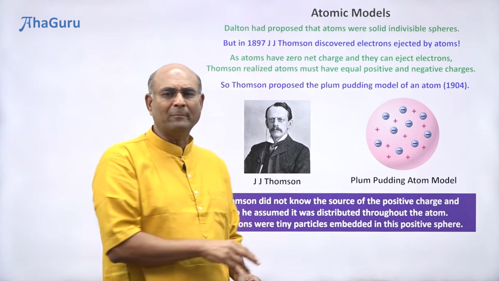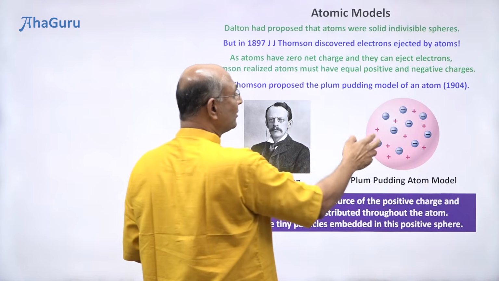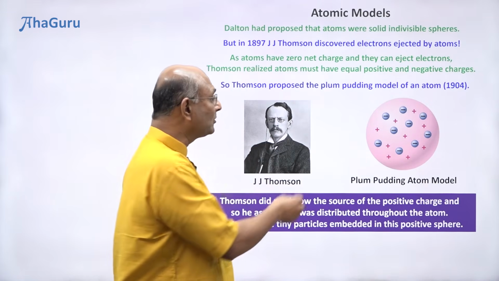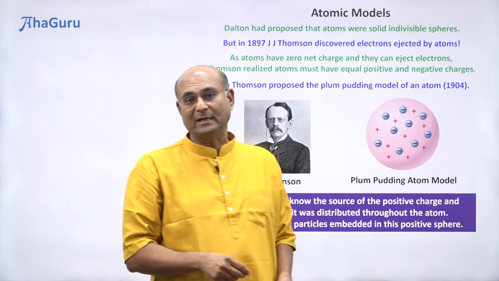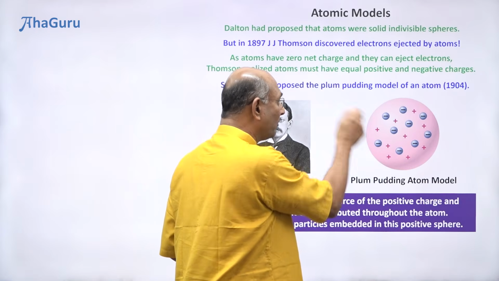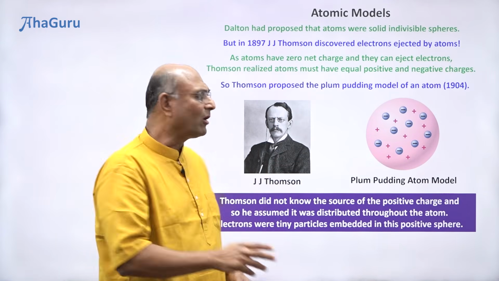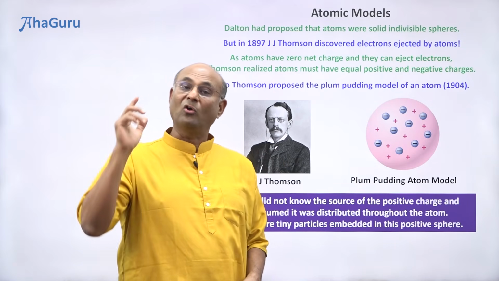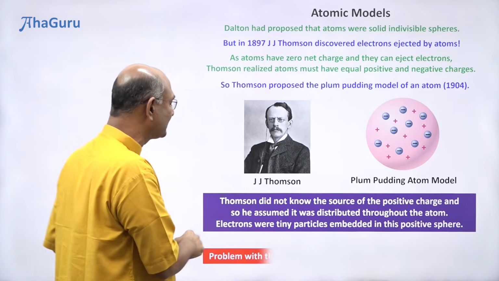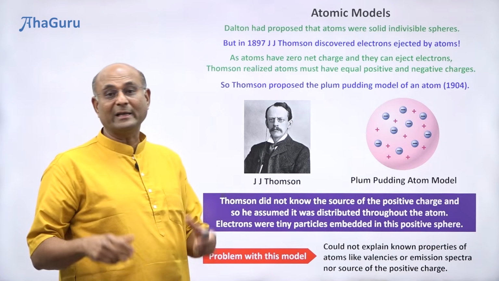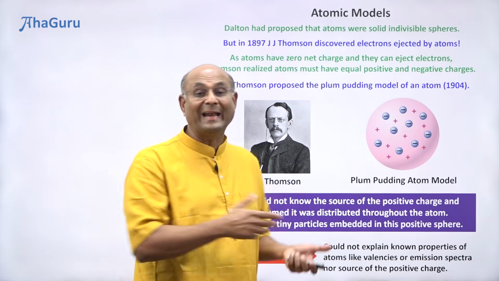So this model was able to explain the overall neutrality of the atom. It was able to explain that there are these subatomic particles. It was also able to explain that if you bombard, the electrons pop out and not the positive charges, right? So all of this it was able to explain. But there were lots of other problems with this model. For example, it could not explain known properties of atoms like valency.